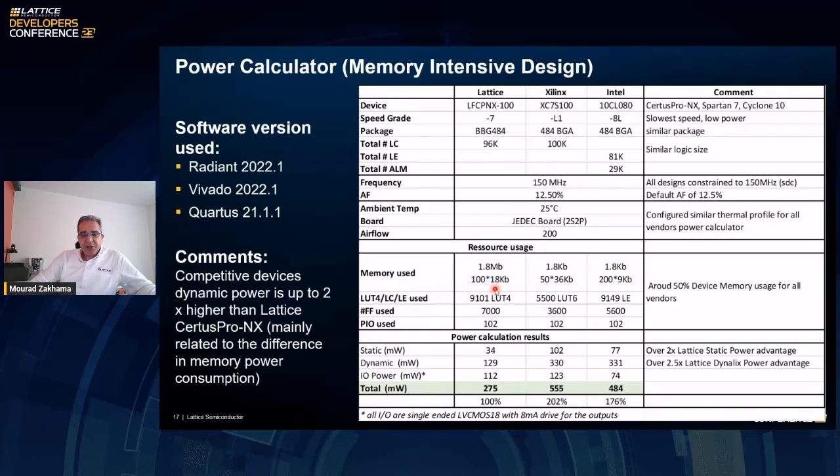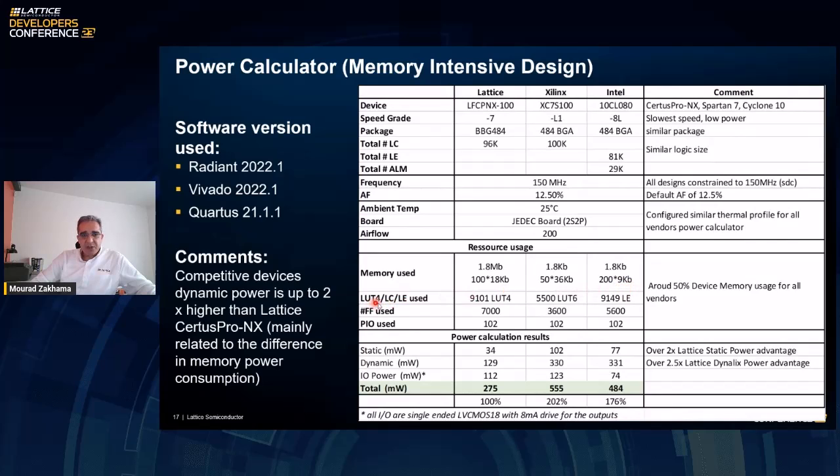The configuration or the size of the memory blocks are different for each one of them. For Lattice, we have 18 kilobit blocks, and 100 of them are used. In terms of Xilinx, they are 36 kilobit blocks, so 50 of them are used. For the Cyclone, it's 200 blocks because they are 9 kilobit blocks.